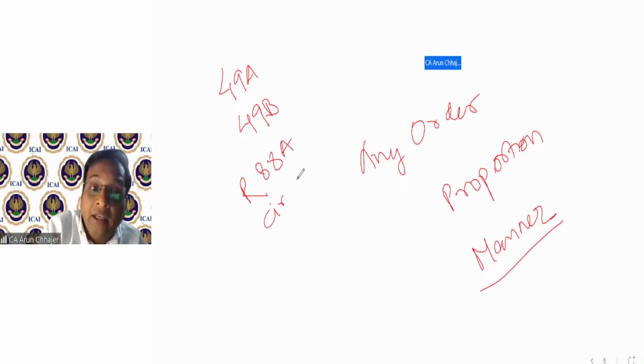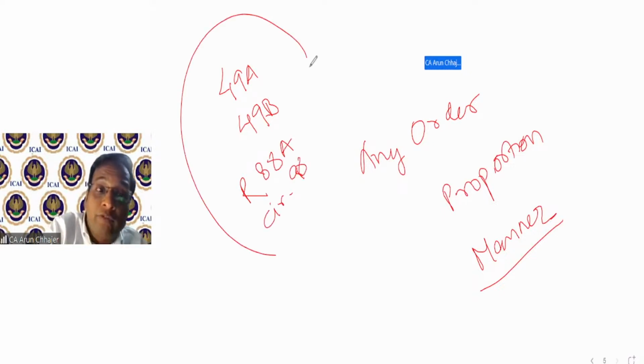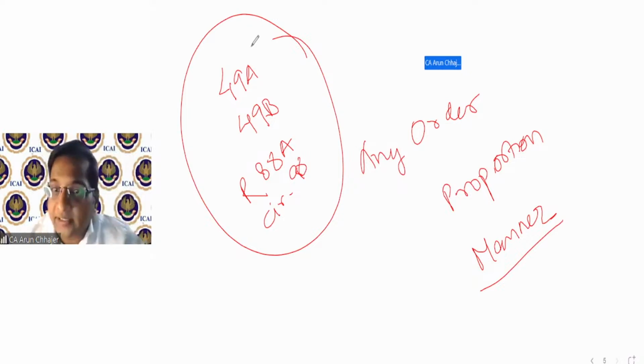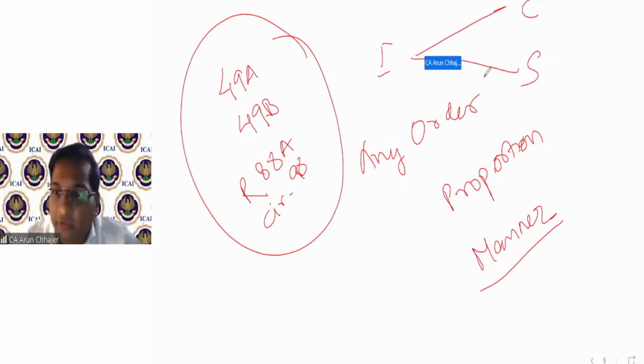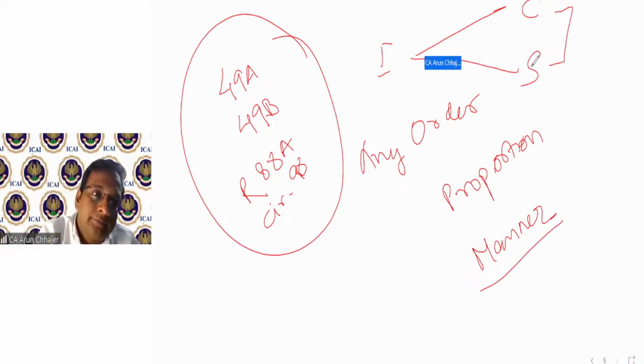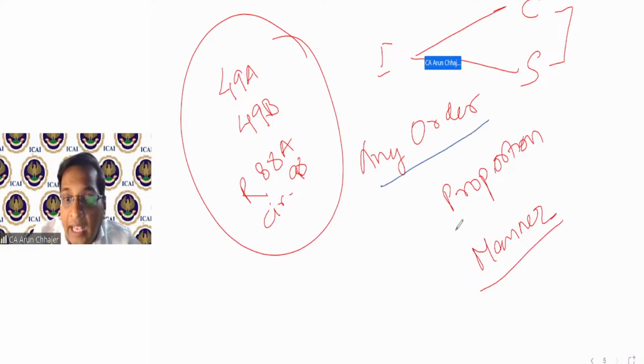I am combining all the four provisions and telling you. IGST, while distributing to C and S, will first go to I. I will be distributed first to I. Then it will go to C or S. For distributing between C and S, the concept of any order, any proportion, any manner will apply.